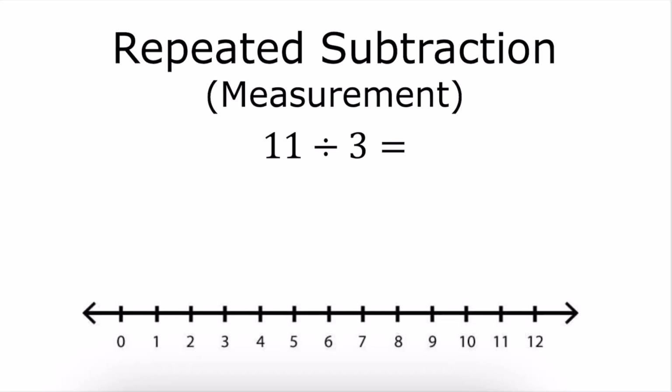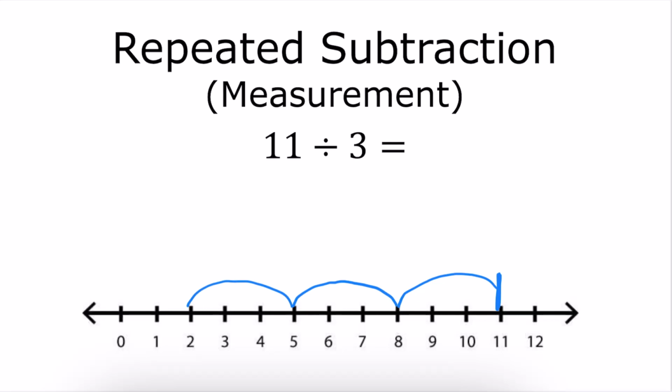If you're using a measurement model, which is where you have groups of a certain size, then in this case, it's helpful to use repeated subtraction because basically you say, okay, I have 11 items and I'm trying to make groups of 3. So I'm going to subtract 3 because that would be one group of 3, then subtract another group of 3, then subtract another group of 3.